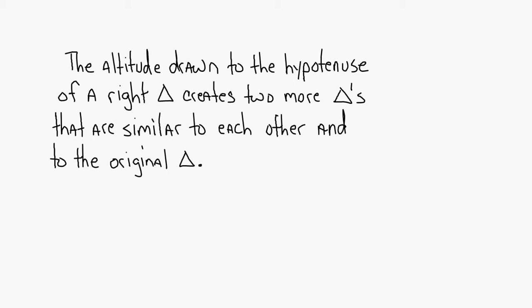The altitude drawn to the hypotenuse of a right triangle creates two more triangles that are similar to each other and to the original triangle.